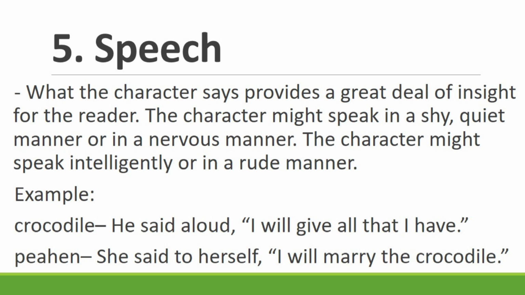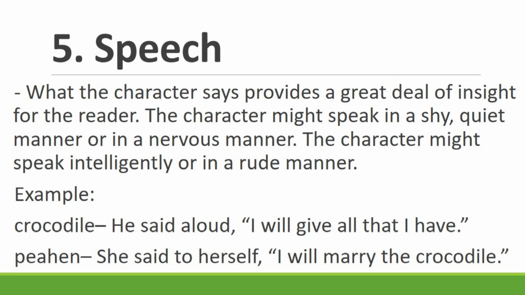And next is the peahen. She said to herself, "I will marry the crocodile." So from this speech, we may say that the peahen is really sincere about getting married to the crocodile without any bad intentions.